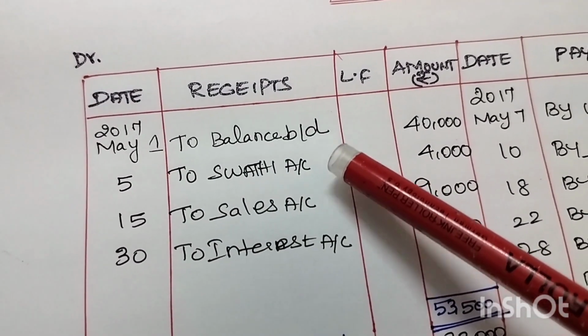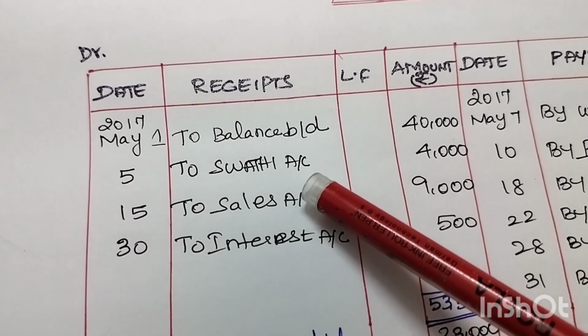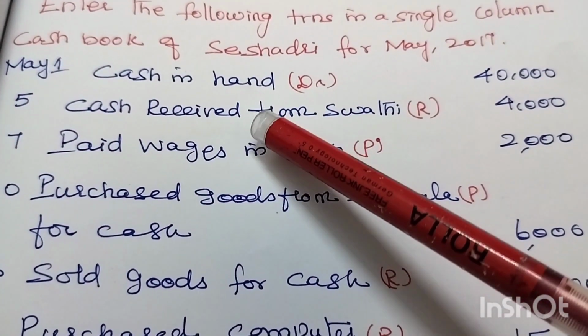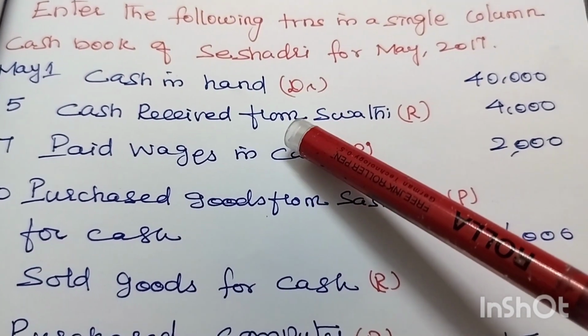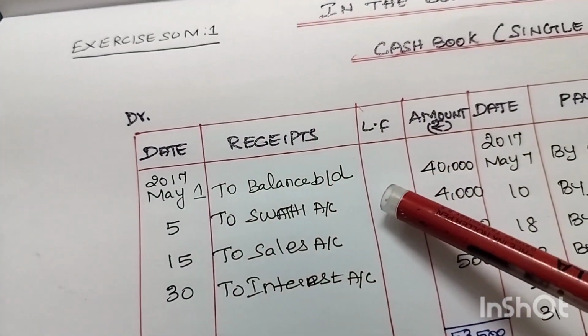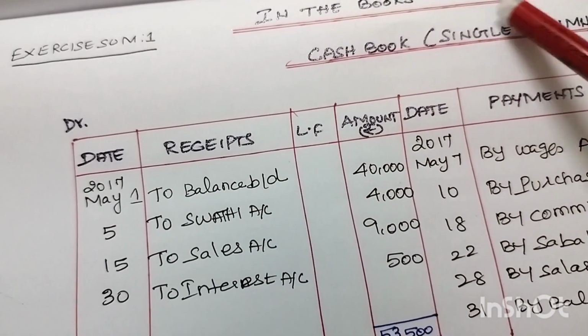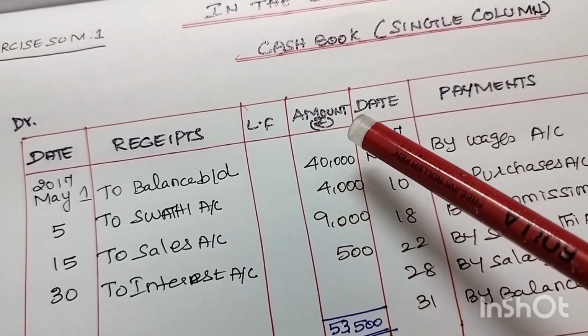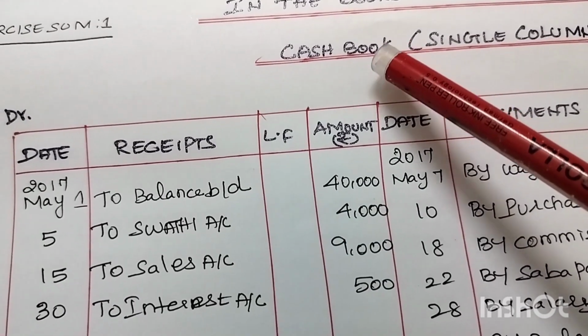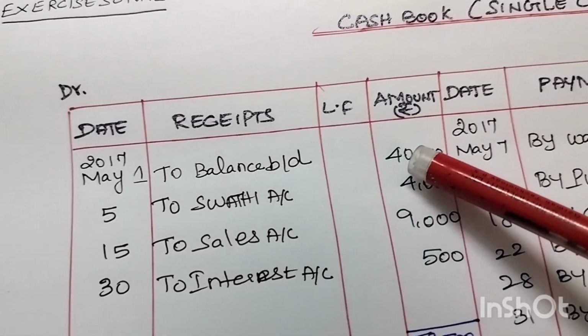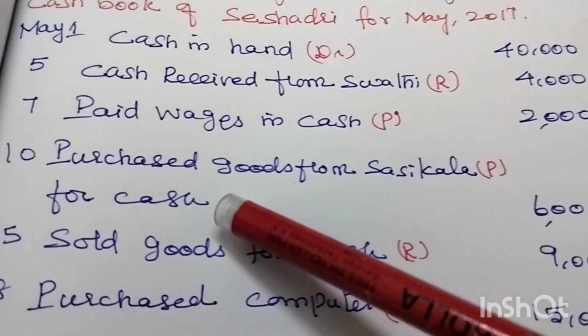What is the opposite? This is just like the ledger account. This is the transaction. You have to imagine this transaction as a journal entry, and you have to imagine this is the ledger account. You post the cash account into the ledger account. So it will be easy to understand.